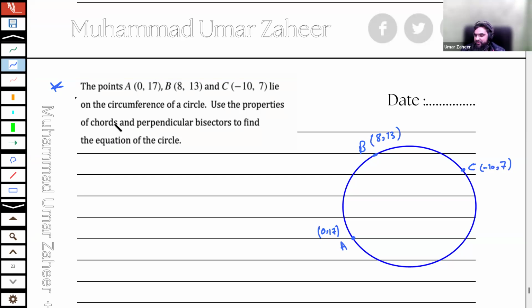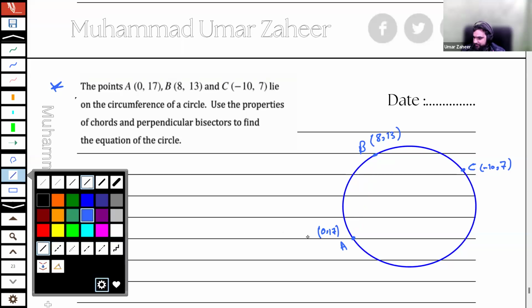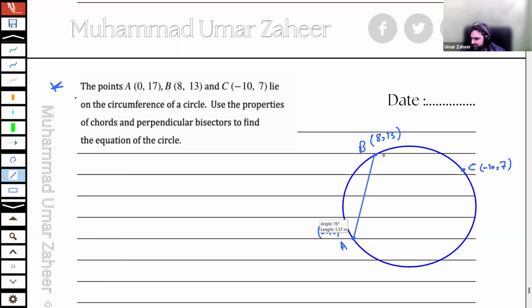Use the property of the chord and perpendicular bisector to find the equation of a circle. So look here, I'm just going to draw the chords A to B and B to C. Now I'm going to use them to find the center of the circle.